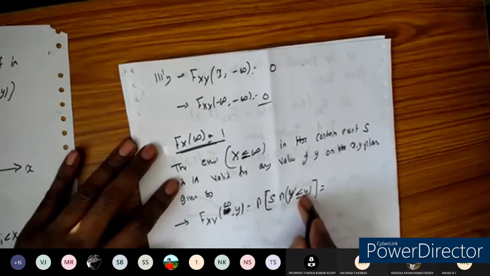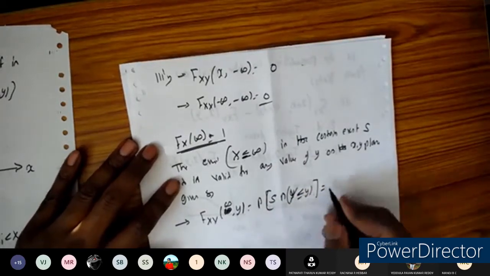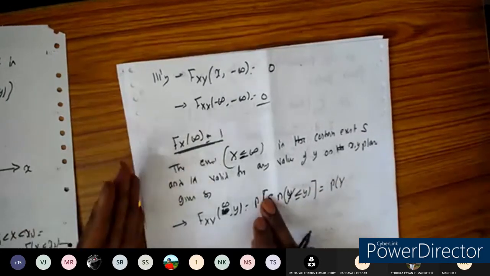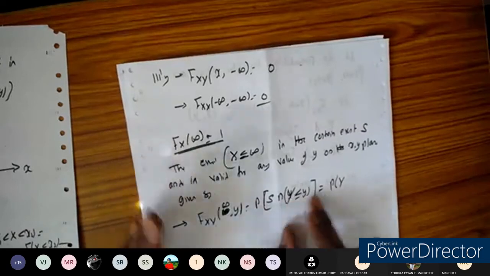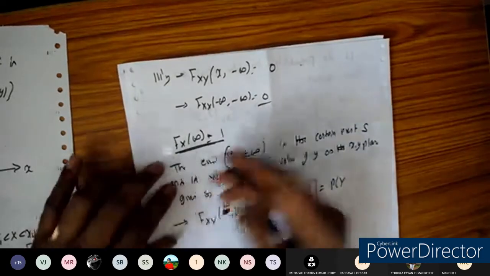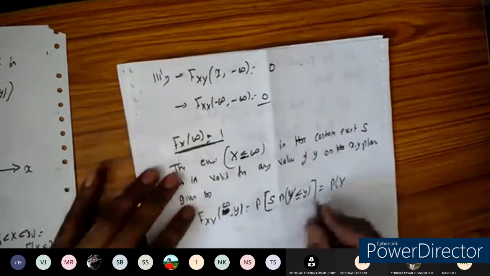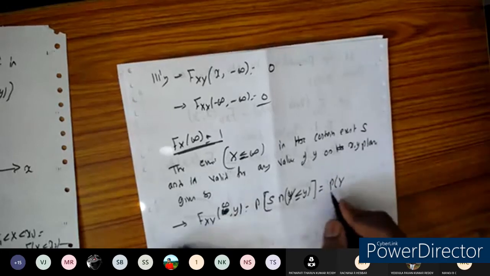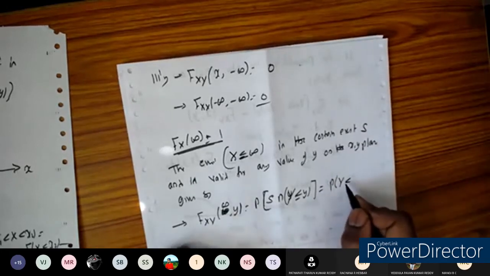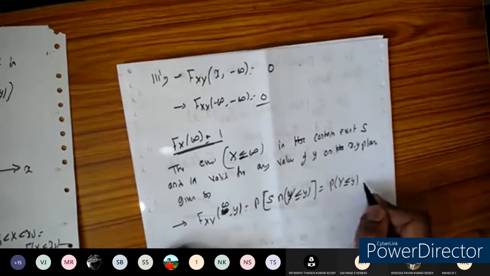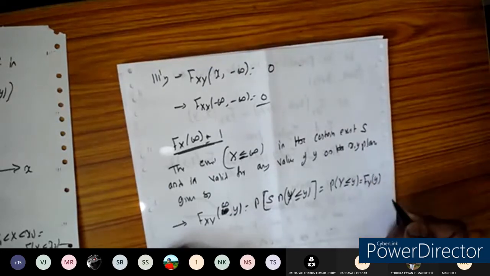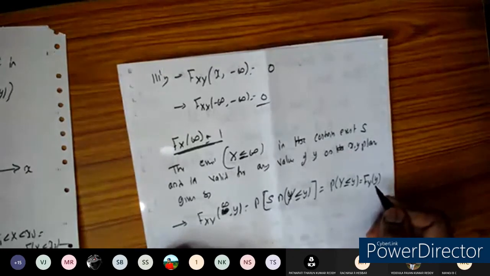If I multiply something with a small quantity, I get the small quantity; this is called the shifting property, or the product property, which I think you have seen in signals and systems. So this becomes equal to the probability that Y is less than or equal to y, which in turn we define as FY of y.